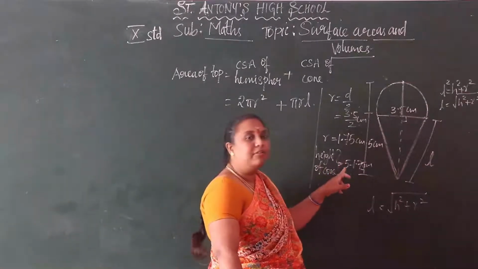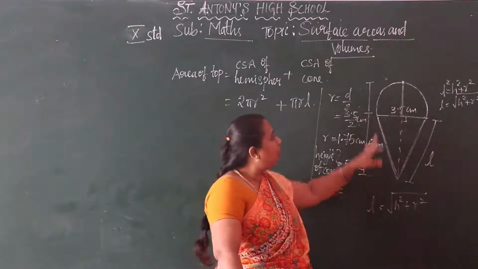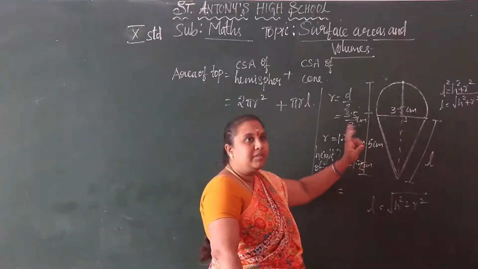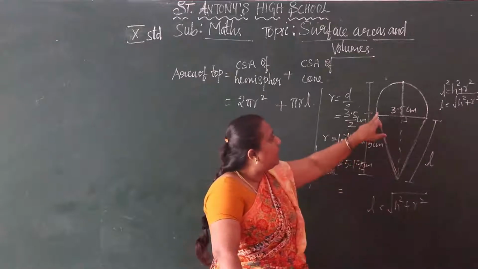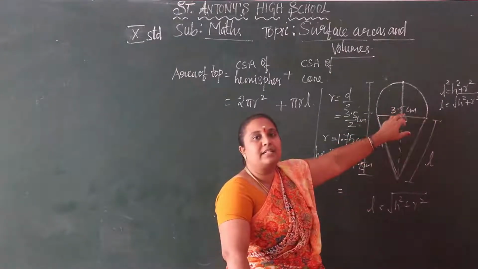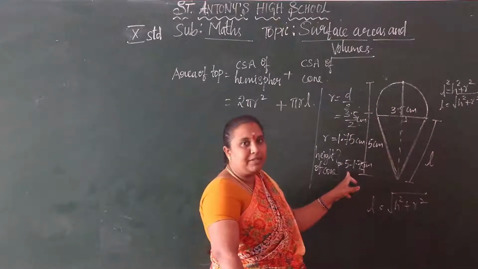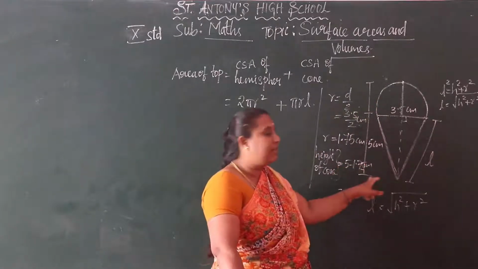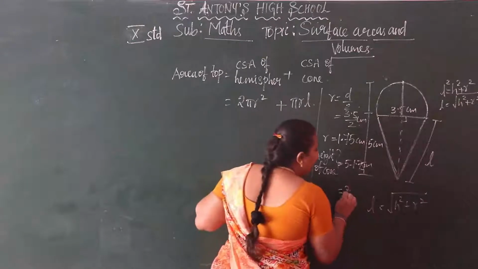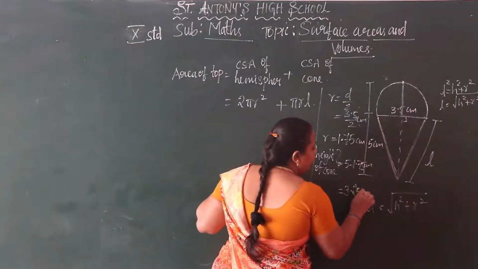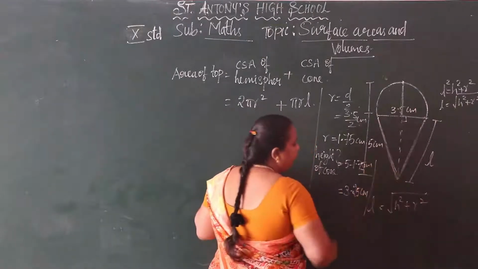So here 5 centimeter is the total height of the top. From that we have to subtract the height of the hemisphere, that is the radius of the hemisphere. We subtract it from 5 centimeter. So 5 minus 1.75 centimeter equals 3.25 centimeter.